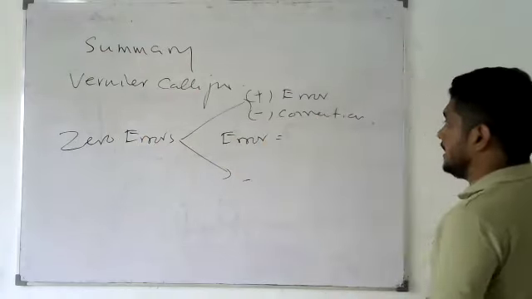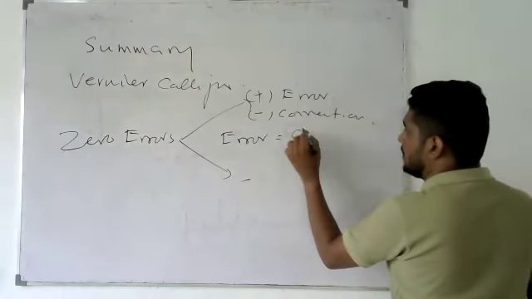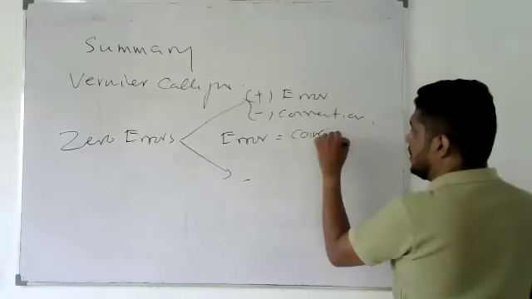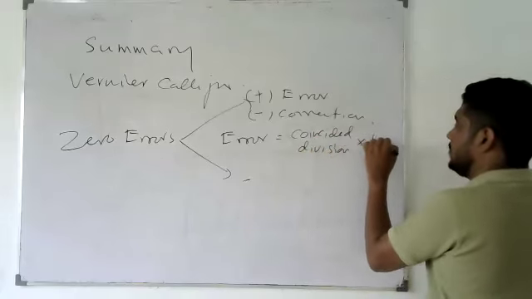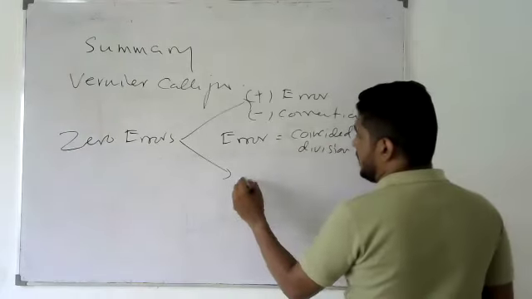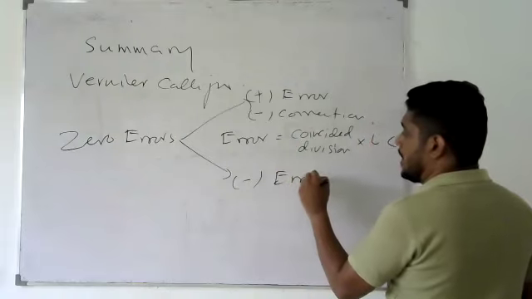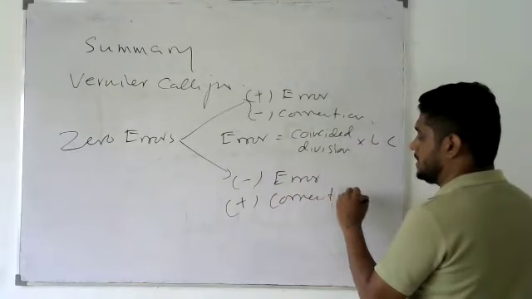The error is calculated as the coincided division times the least count. Negative error, positive correction.